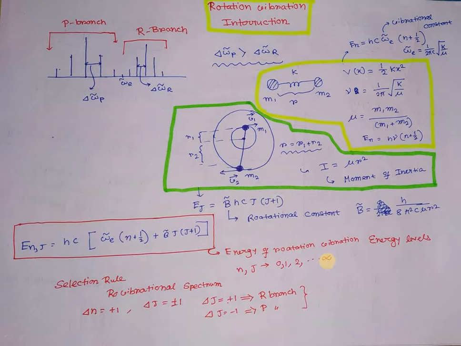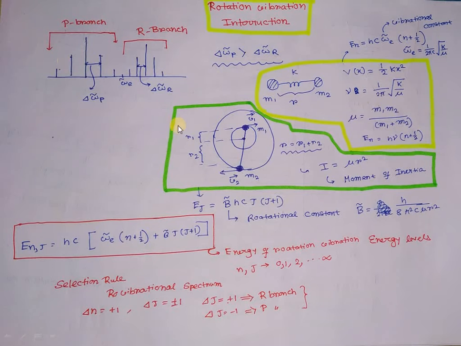Now the selection rule for the transition of this type of vibrational spectrum is delta n equal to plus 1 and delta J equal to plus or minus 1. If delta J is plus 1, the corresponding lines are called the R branch, and for delta J equal to minus 1, the corresponding lines are called the P branch.